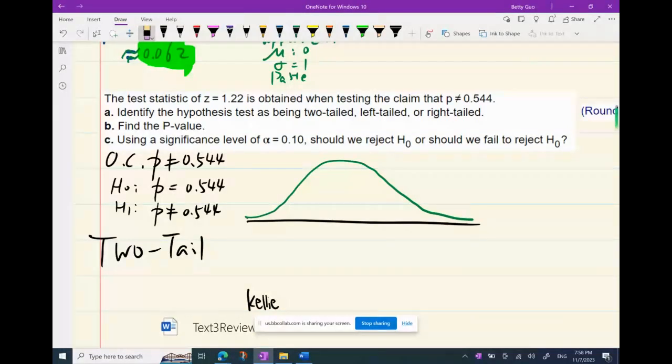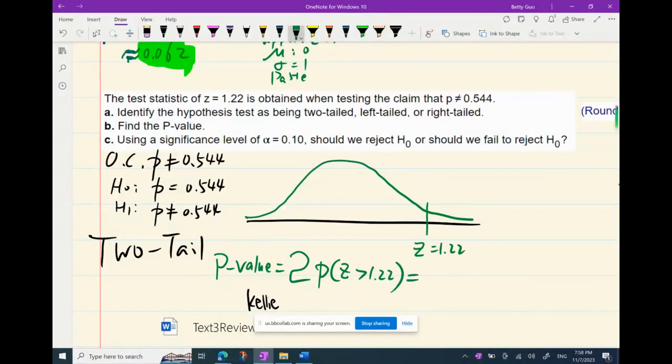So let's see what the question is. Part A, identify the hypothesis test as being two-tailed, which we got. Find the p-value. Since the test is two-tailed and the test statistic falls in the right tail, say this is z equal to 1.22, then our p-value is going to be 2 times the probability of z bigger than 1.22.